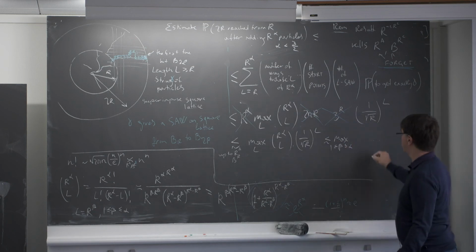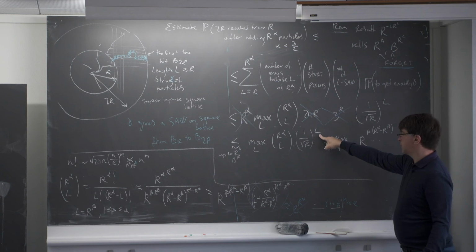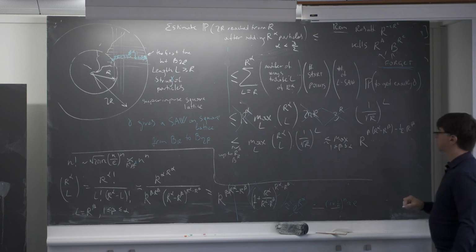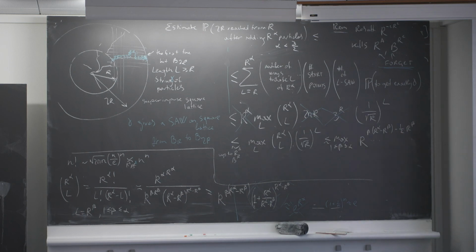And the first term we get was r to the power beta, r to the power alpha minus r to the power beta. And the second one is minus 1/2 r to the power beta. Am I correct? Yes.